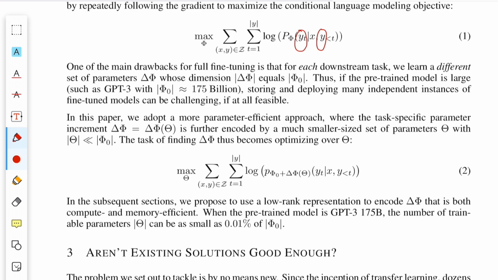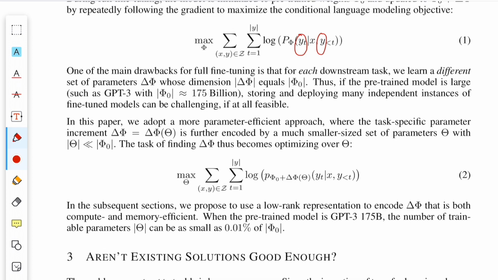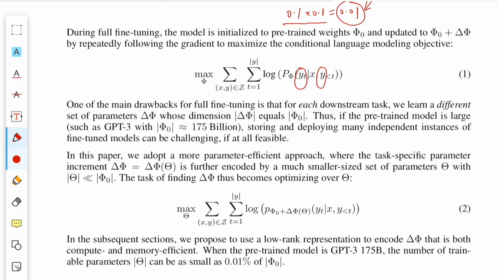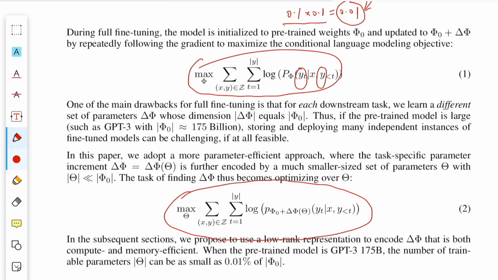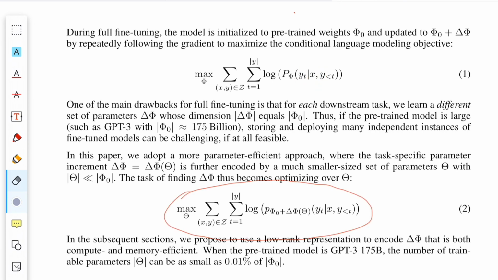Okay, let's look at the next part, the LoRA objective function. As you can see, the first formula and the second formula are pretty similar. So I will erase this. The difference between the two formulas is this part. This is the LoRA part.